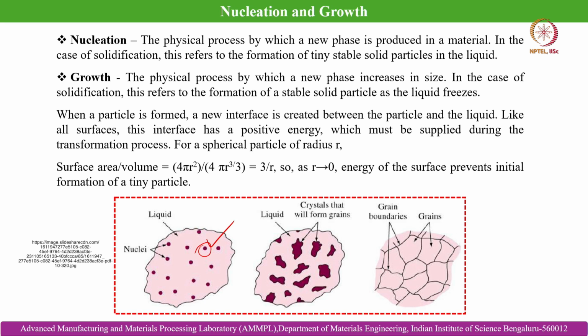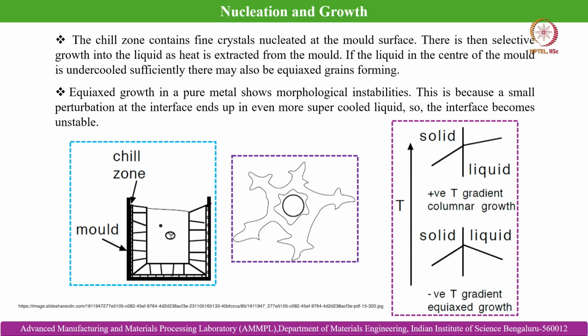As r tends to 0, the energy of the surface prevents initial formation of a tiny particle. That means if the nucleus is very small, its surface energy prevents its initial formation, and so the chill zone contains the fine crystals nucleated at the mold surface.